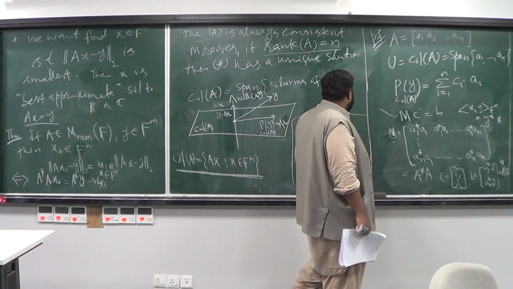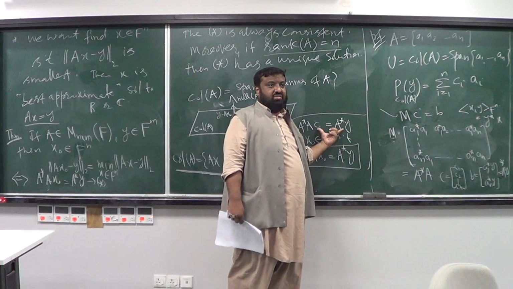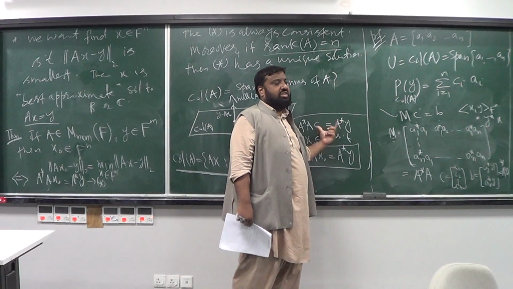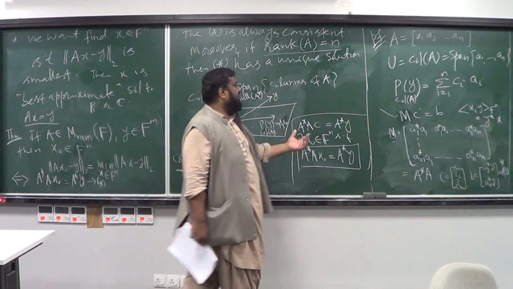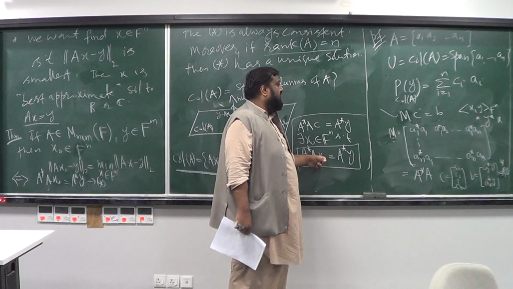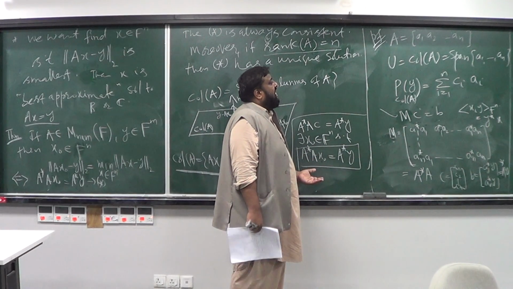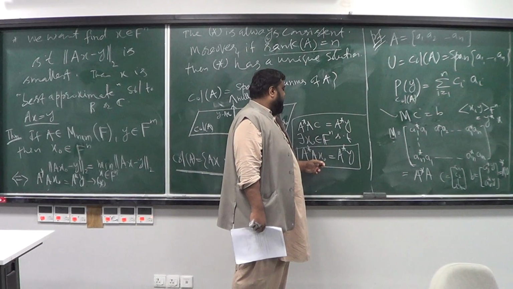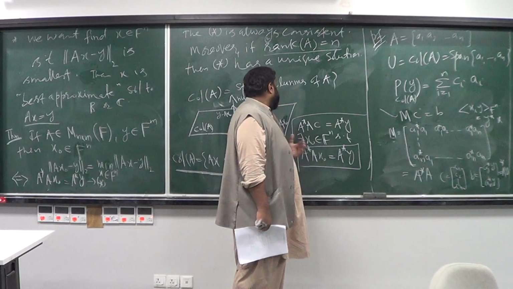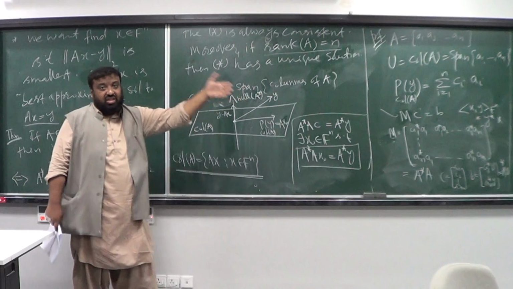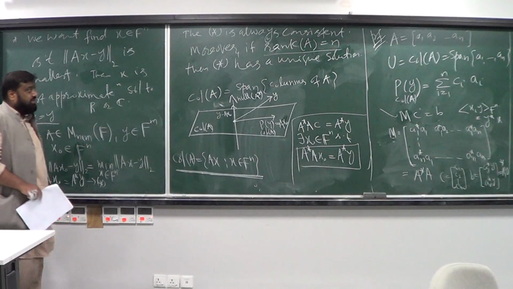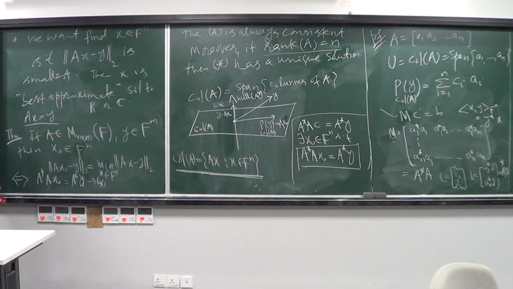So if this has a unique solution, that means there is a single x naught for which A x naught best approximates Y, in the sense of the two norm actually. So I hope this is making a little bit of sense to you, okay.